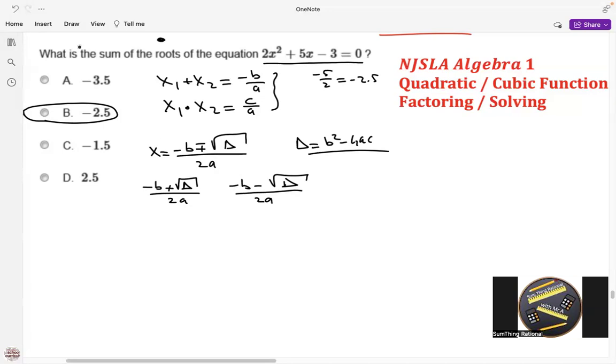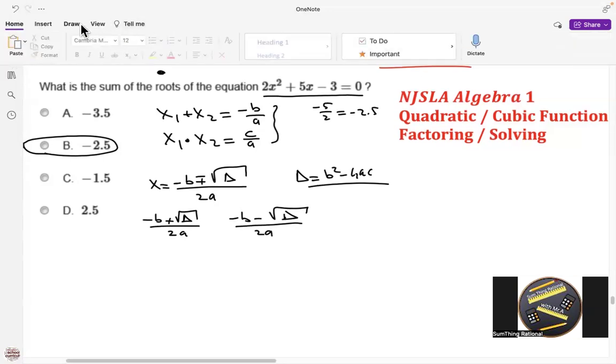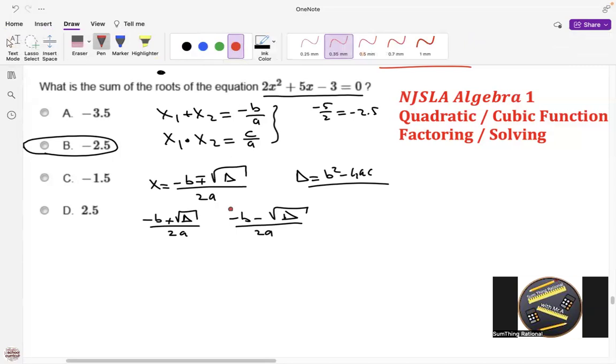You remember that? So I want to add them, since they're asking for the sum of the roots, and I'm trying to explain why the sum of the roots is negative b over a. Negative b plus the square root of the discriminant divided by 2a, plus negative b minus the square root of the discriminant divided by 2a.